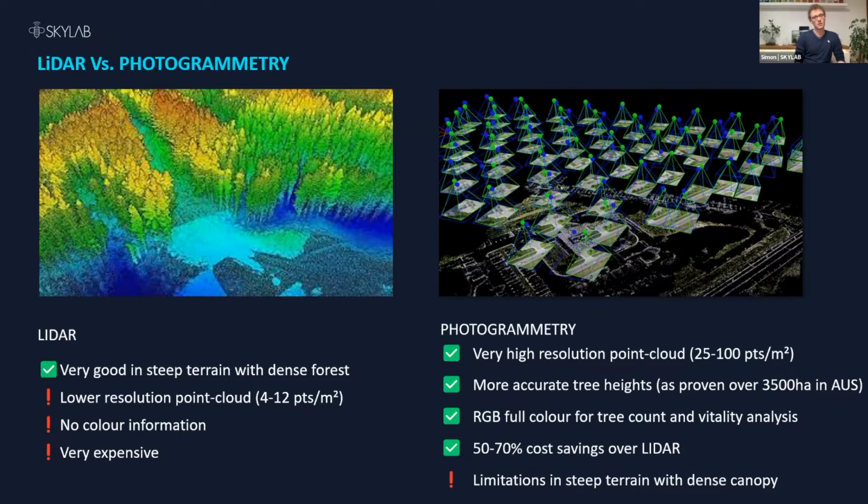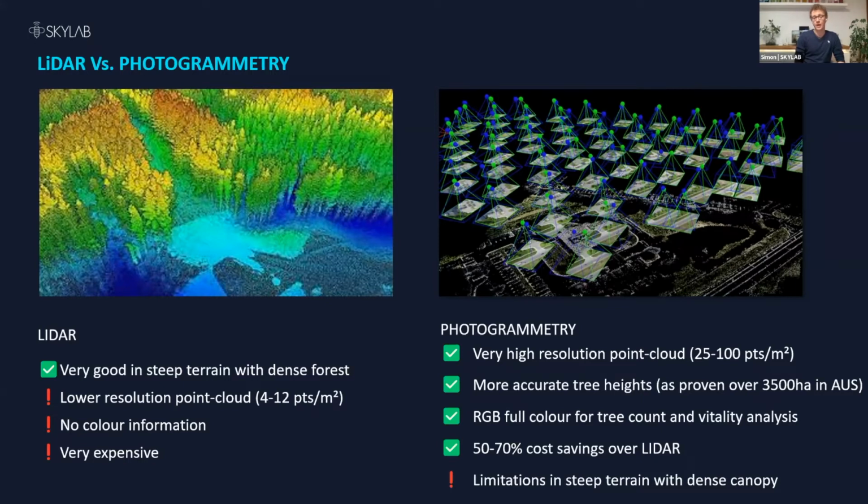With photogrammetry, you get many points per square meter, and it's even more accurate. Because of these many points, you get so much information on the tip of the tree that you actually get better, more accurate results in tree height. We've proven that on 3,500 hectares in Australia, with ground plots and ground measurements.